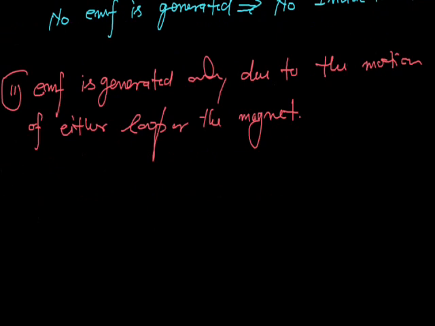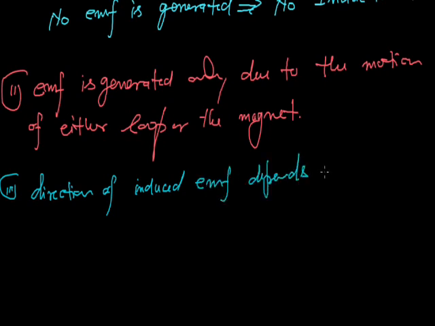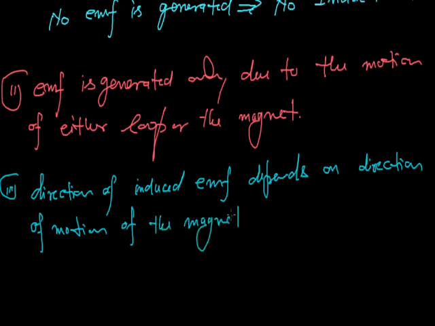Third point is the direction of induced EMF depends on the direction of motion of the magnet and on the pole.